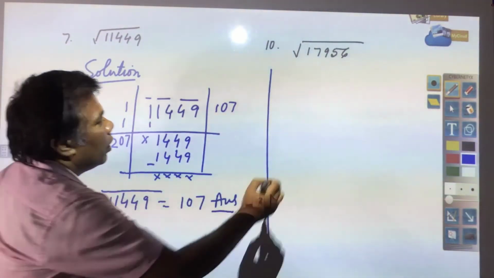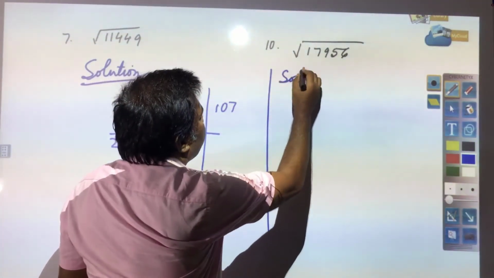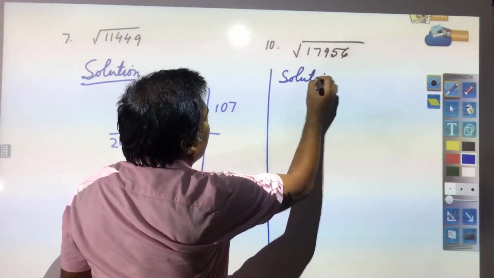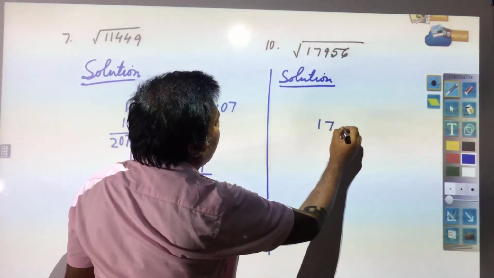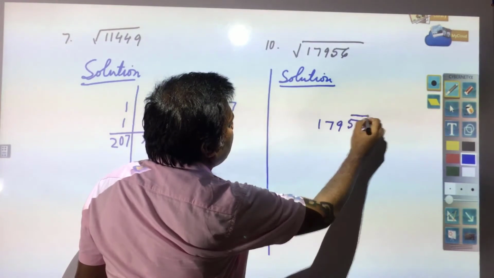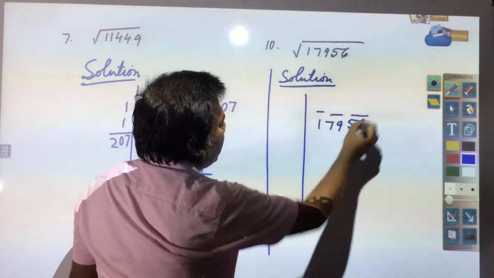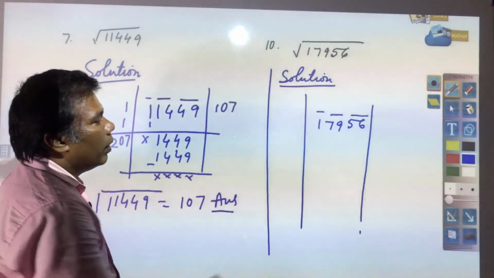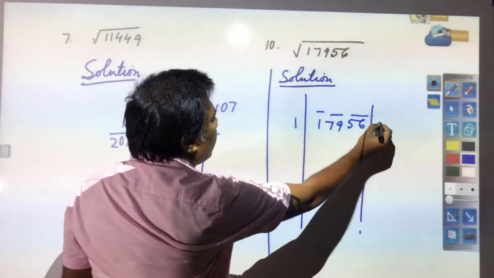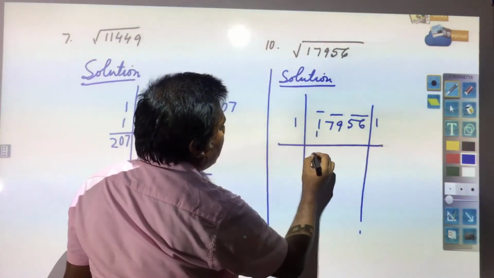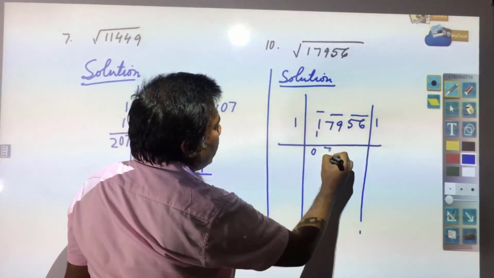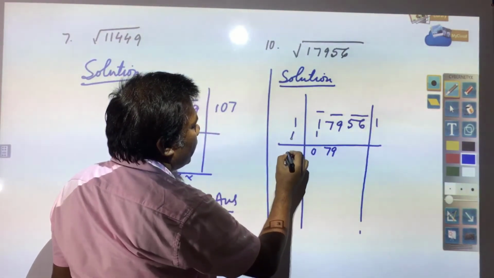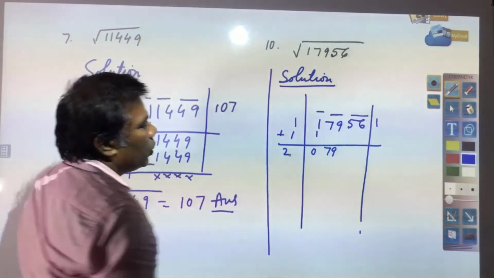Next you see 17956. 3 periods you have, 1 you have in first period. So, 1 1s are 1, you will get 0. Here you have 79, 1 you have, required to be added 2.